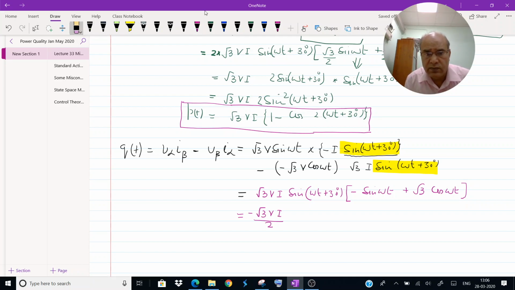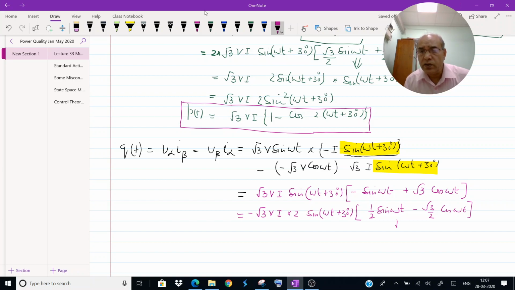So this becomes 2 into sine omega t plus 30 degree here, and this becomes 1 by 2 sine omega t minus root 3 by 2 cos omega t.